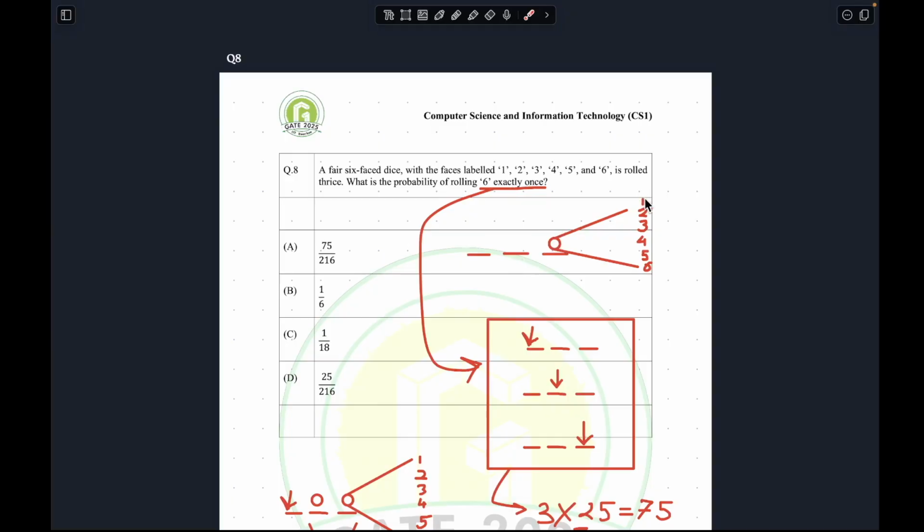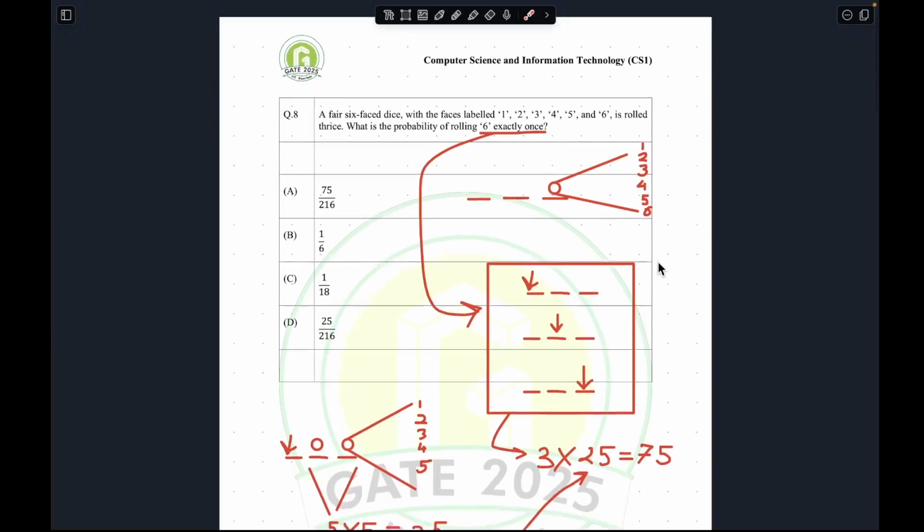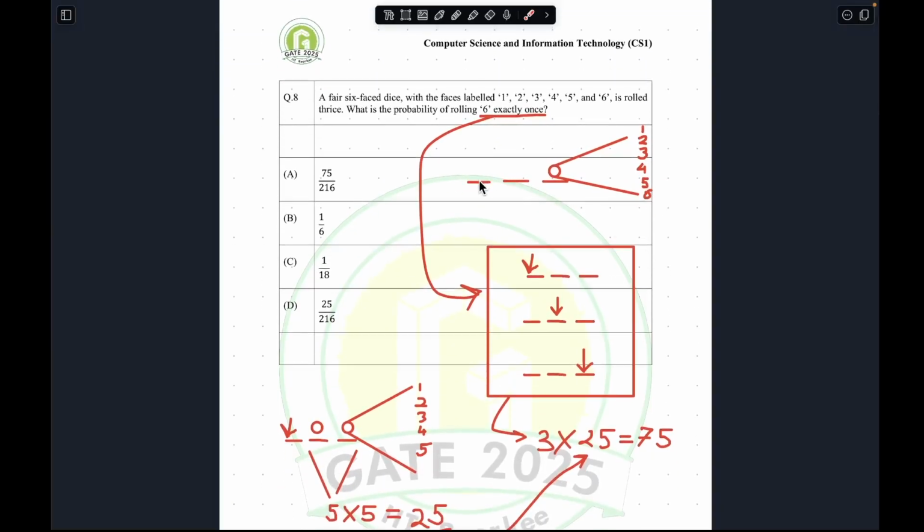The outcome normally can be from 1 to 6, that is correct, but the outcome for the places where 6 is not present would be from 1 to 5. This aspect that the 6 could come in the first or the second or the third, I have represented inside of this box.